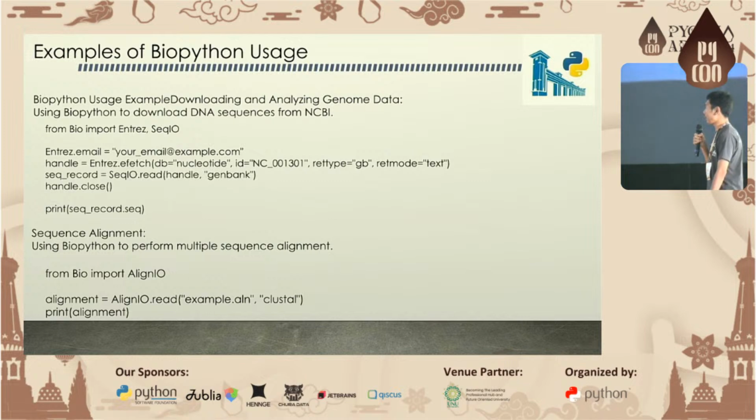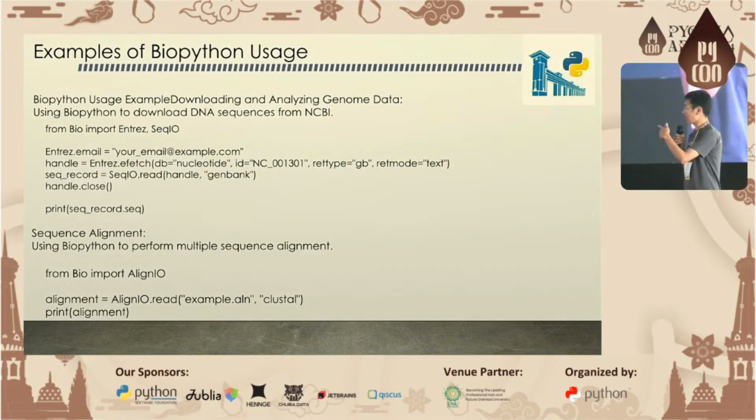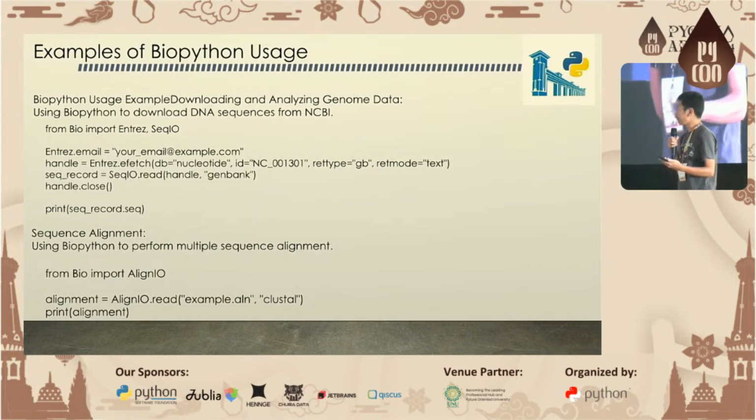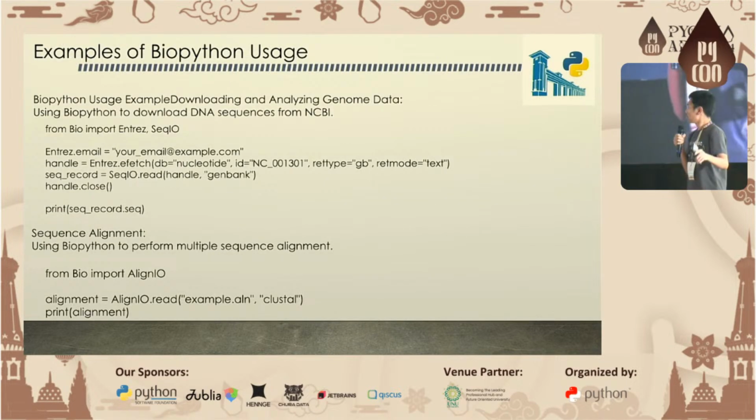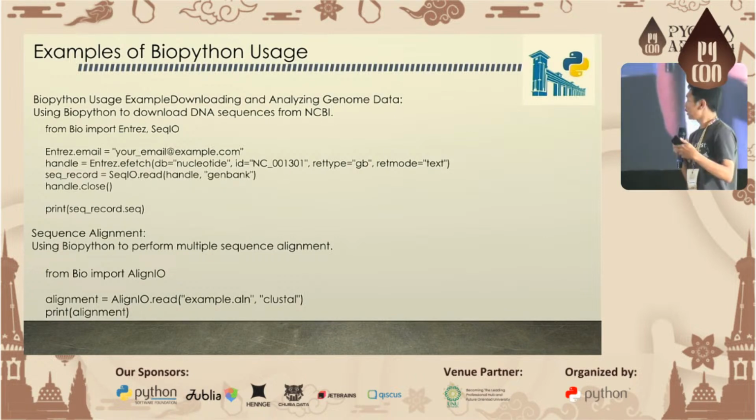Examples of Python use: analyzing genome data using Python, downloading DNA sequence data from the NCBI website, with example source code in Python. Sequence alignment is used in Python to perform multiple sequence alignment.